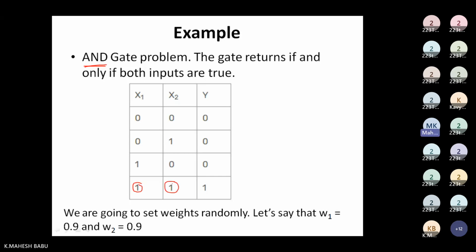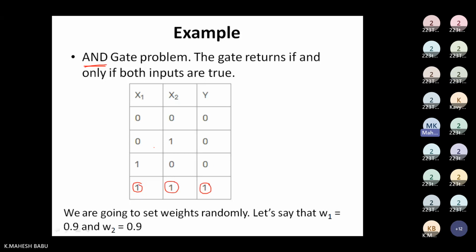If X1 and X2 are both high, both true, then the condition is true. If any one is false, low, or 0, the output is 0. Am I clear or not?